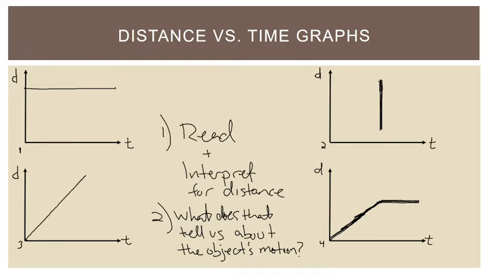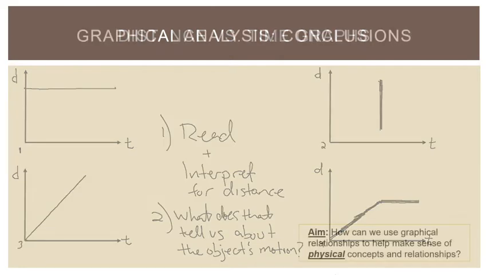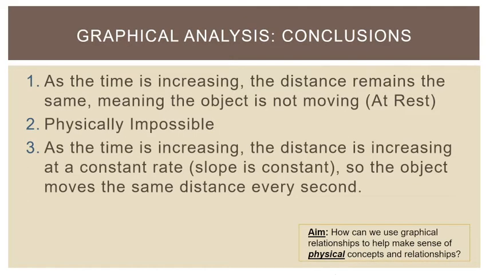But what's important about this graph is not just that the distance is increasing, but it's about how the distance is increasing. And so here, the fact that the distance is increasing at a constant rate is the important part. And so the distance for number 3 is increasing at a constant rate. So as the time is increasing, the distance is increasing at a constant rate.